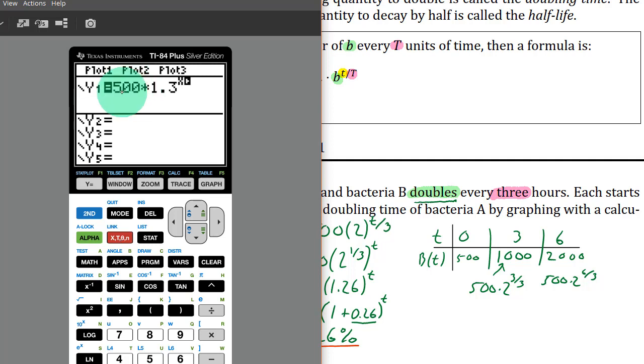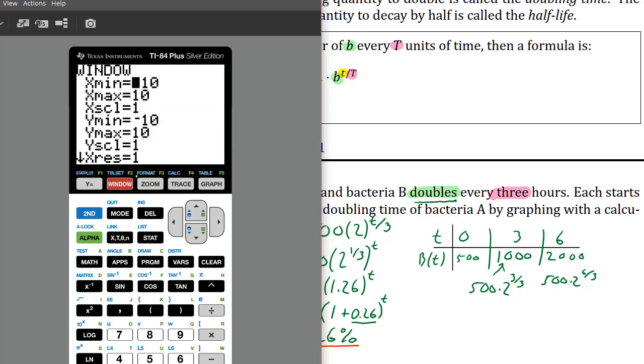When we graph this, we want to make it so the window is kind of reasonably describing what we're talking about. So the x min and x max should be talking about the range of hours that we're thinking about. So we know it's going to be something less than 3 hours. You could get a pretty good window if we say we're talking about from hour 0 to hour 5.